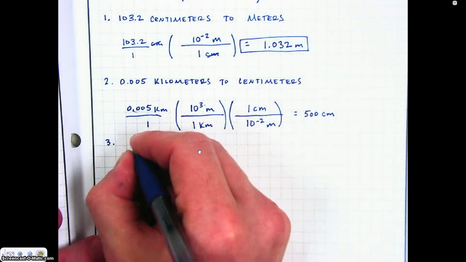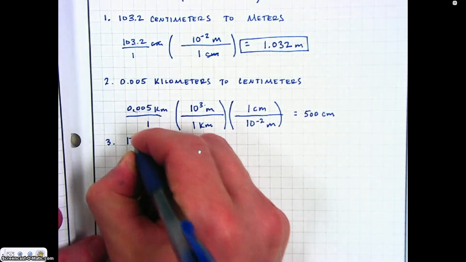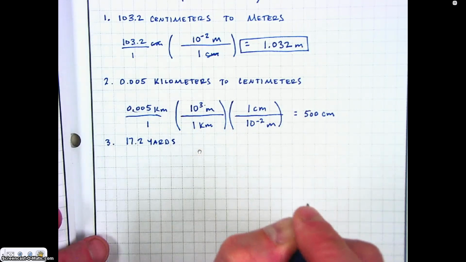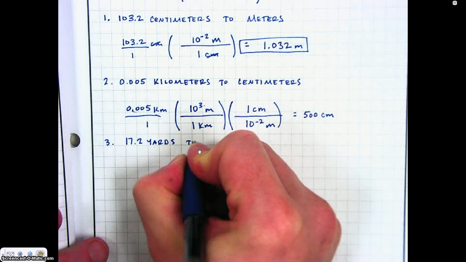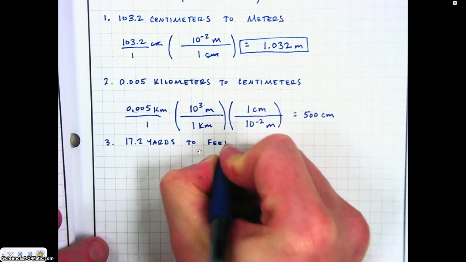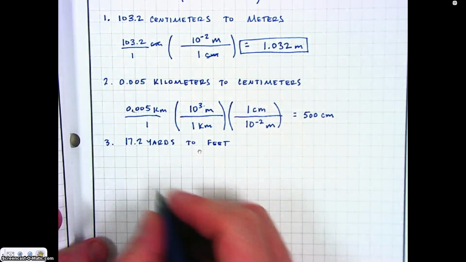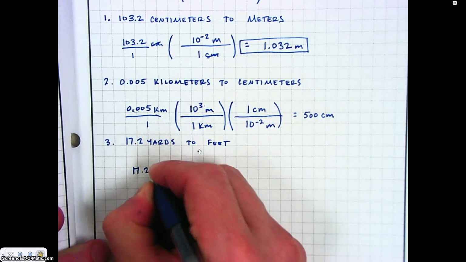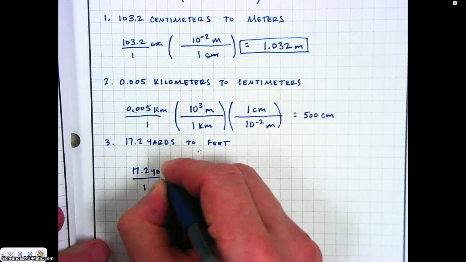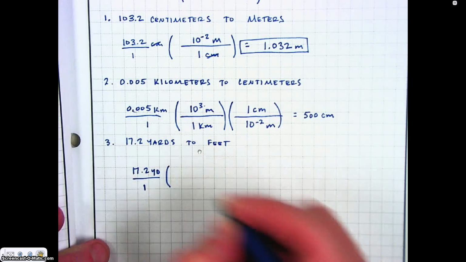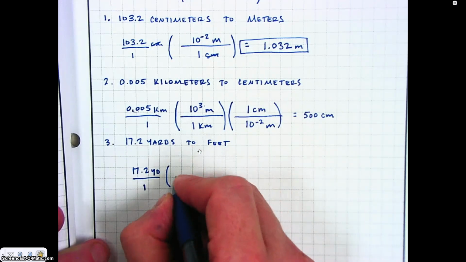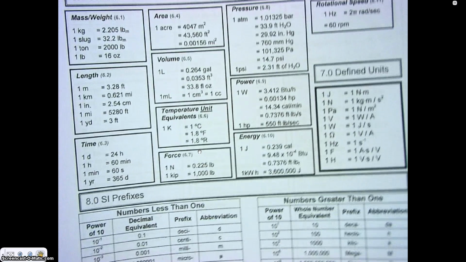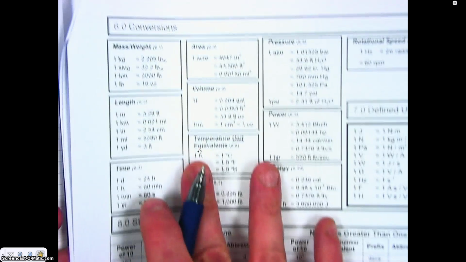The next one we're going to do, number 3. We're going to use some US system now. We have 17.2 yards. We're going to convert that to feet. Again, we'll use the same formula. Our given unit is 17.2 yards, and our desired unit is feet. If we need to know our conversion factor, I'll look up here under our conversions.